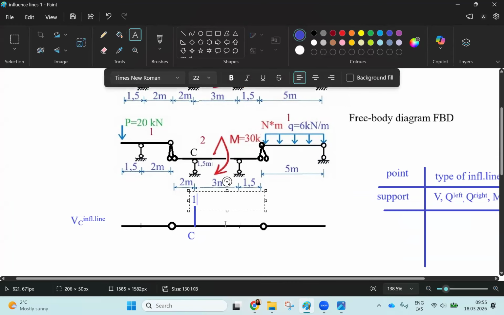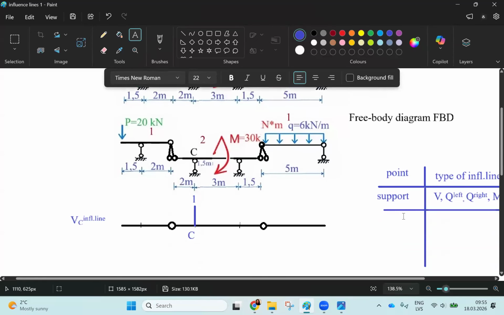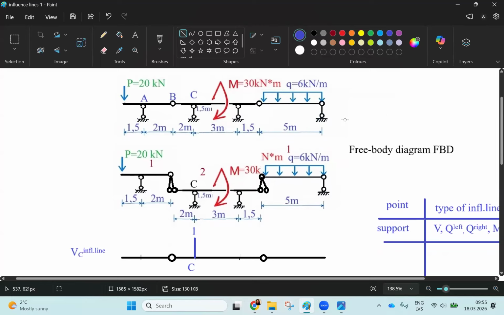So it is always one upward. This kind of beam is a bit complicated compared to others. Let's see, one upward, and then we continue.